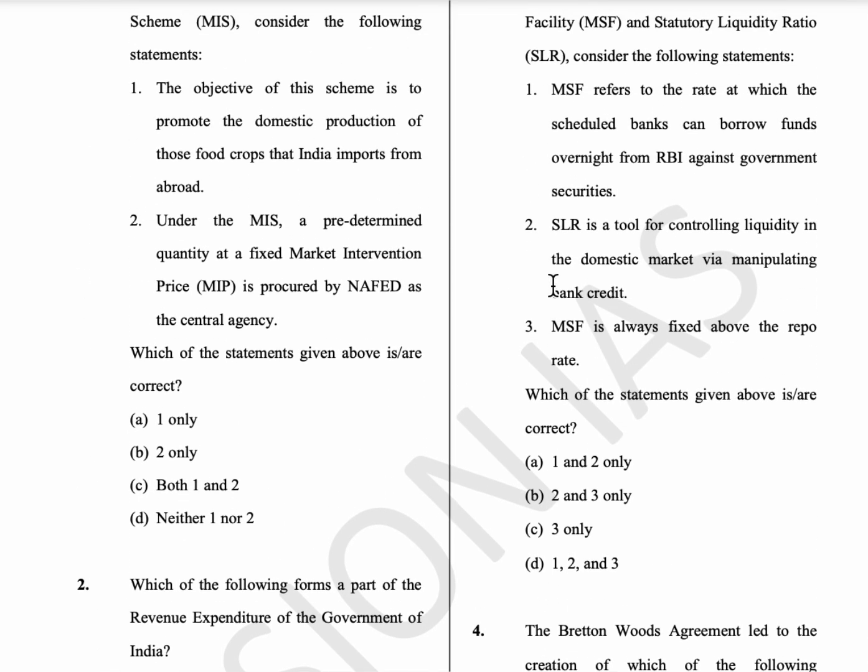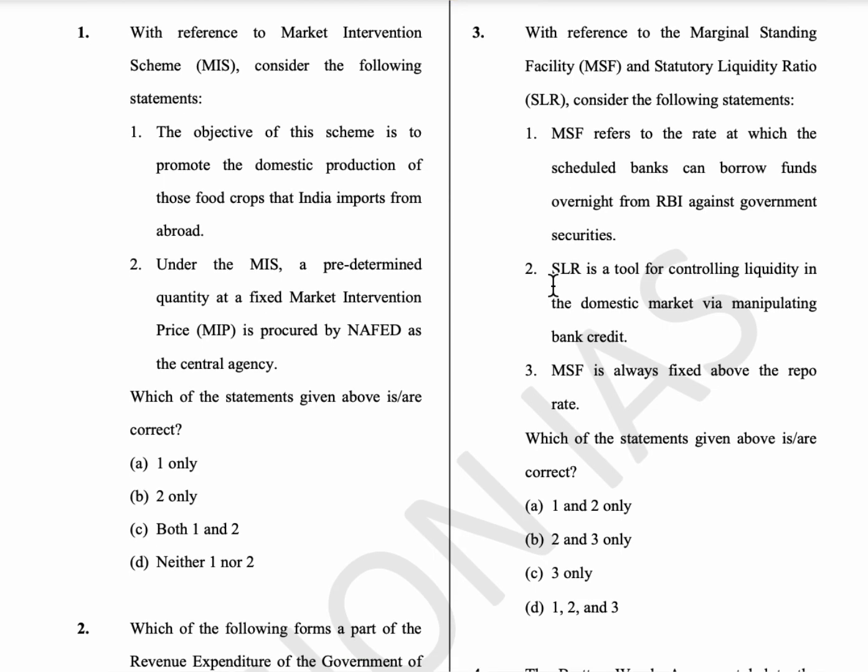Third question, with reference to the marginal standing facility and statutory liquidity ratio, consider the following. Now here, what is marginal standing facility, or MSF? MSF is the rate at which the scheduled banks can borrow money from RBI.